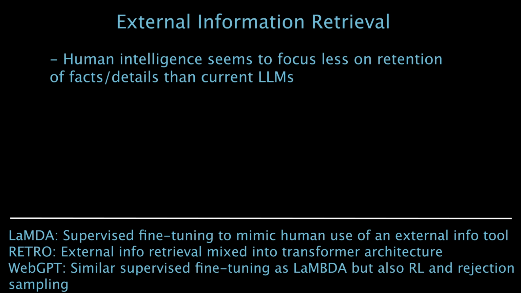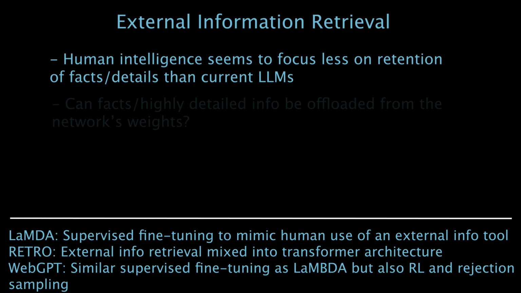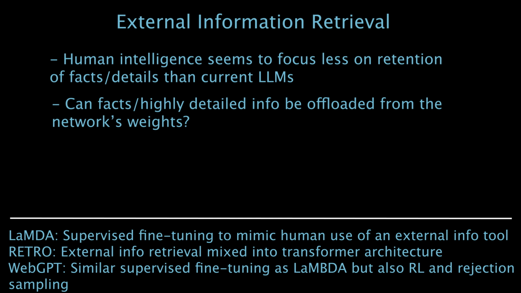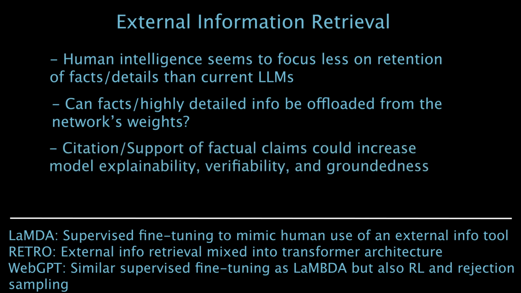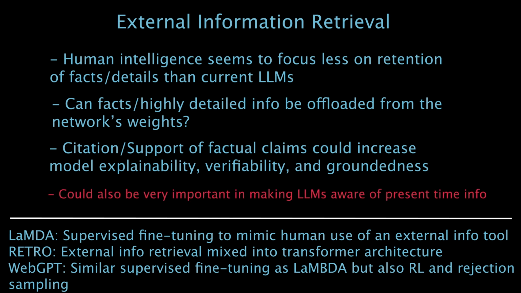If a system could incorporate some form of external information retrieval into its design, it could potentially offload much of this complexity, making room for other types or levels of intelligence to develop within its weights. Further, explainability could greatly benefit from external information retrieval if citations were provided. This would also reduce the negative impact of hallucinations by making the model's outputs more verifiable.